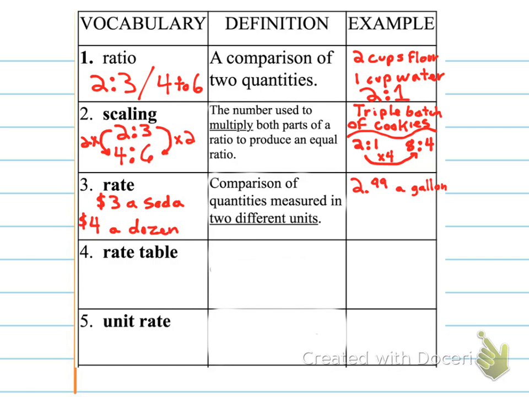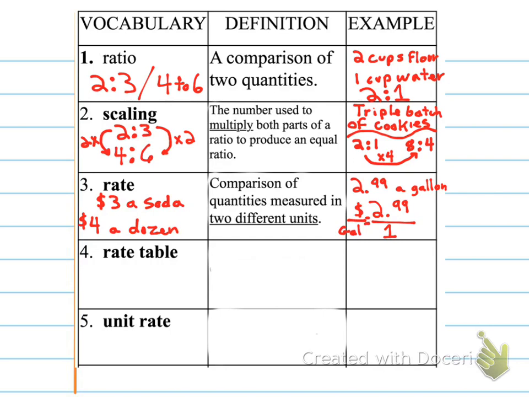we have money being compared to gallons. And these are two very, very different things, right? But it's basically how much do three of these things cost or four of these things cost.